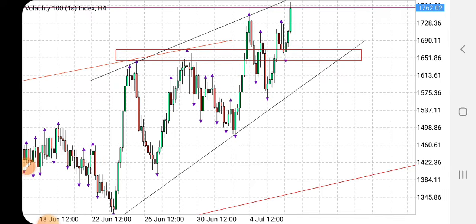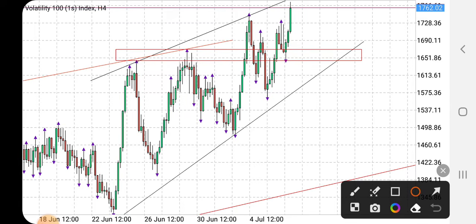So what are you going to be doing now with this analysis, or with these lines? Before I show you, let's just check what happened before. Let's say you have put in your line here as your resistance and you have stretched it to this zone.